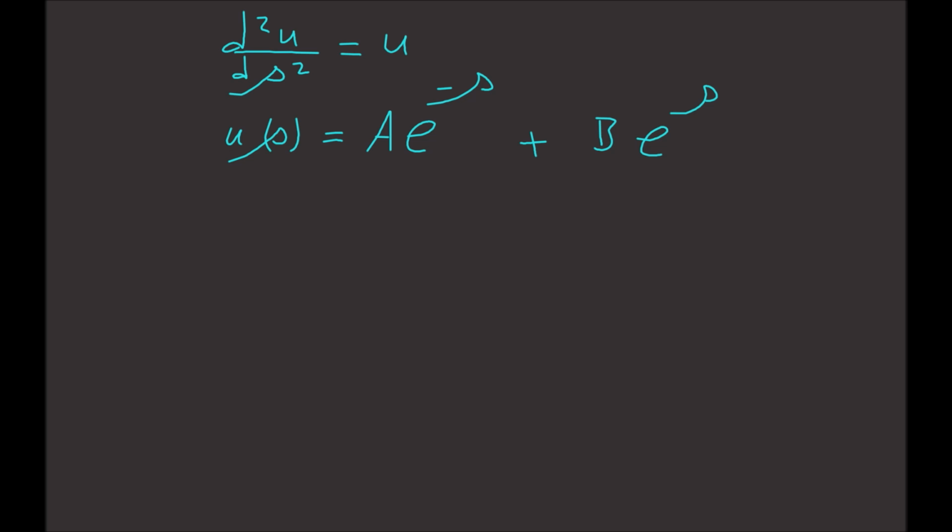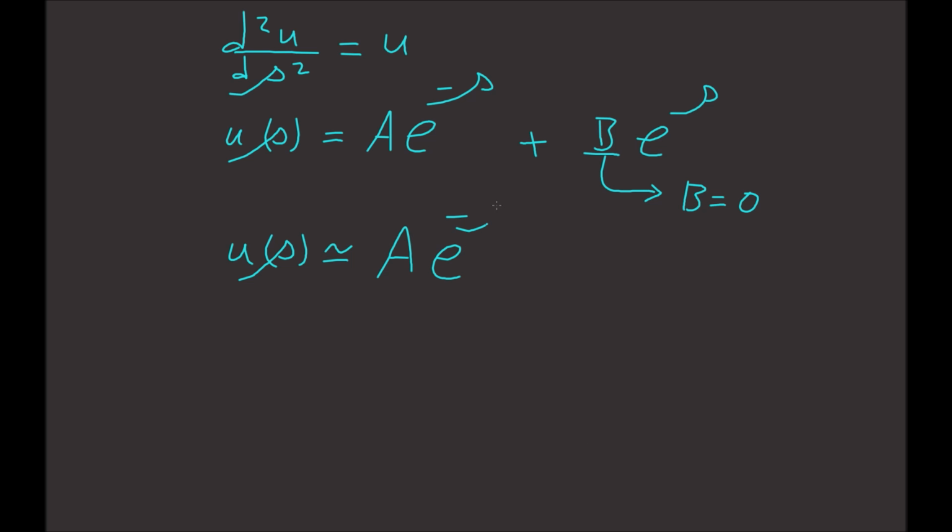But we took the limit as rho goes to infinity, which makes the second term, the b term, blow up, and we can't do that, so we have to set b equal to 0.